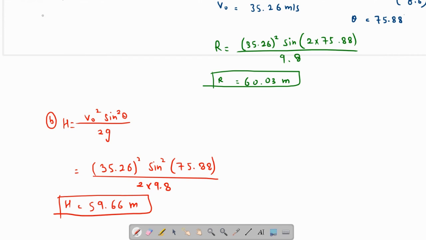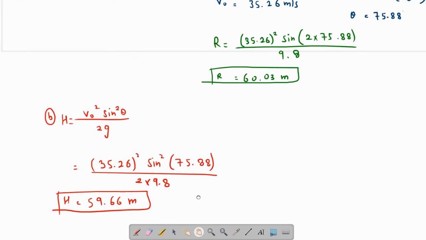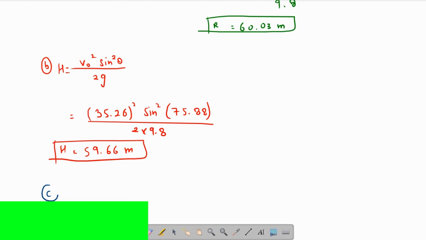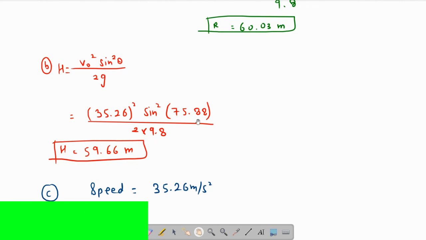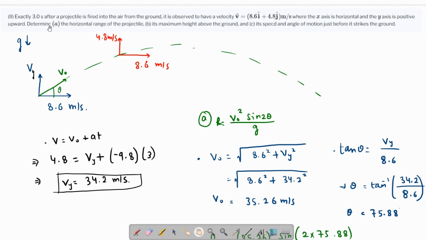And the last part is, at the time of hitting the ground, what is the angle and the speed. The speed is going to remain the same as the initial one, so 35.26 meters per second. The only thing is the angle, which is going to be symmetric. If it's launched at an angle of theta, then at the time of hitting the ground it will have an angle of theta only.